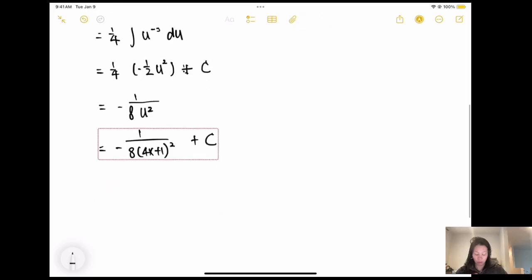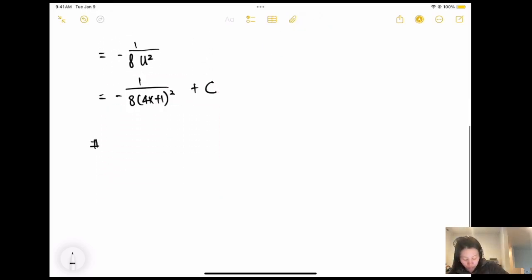Let me do another one. Number 2. We want to find the integral of e to the 100x power dx. Now we need to determine what we want u to be. Because we know that the derivative of e to the x is equal to e to the x.